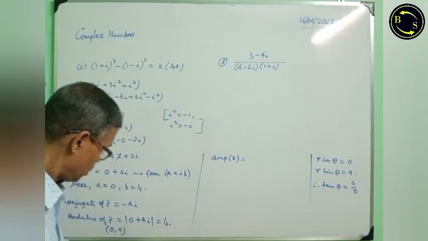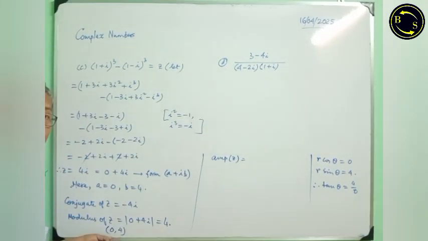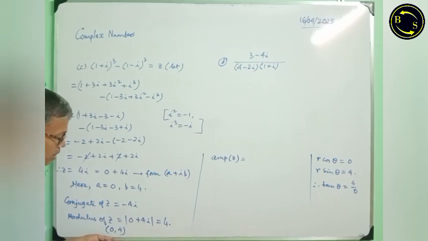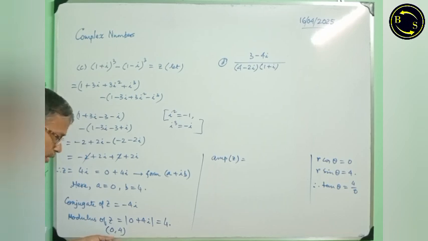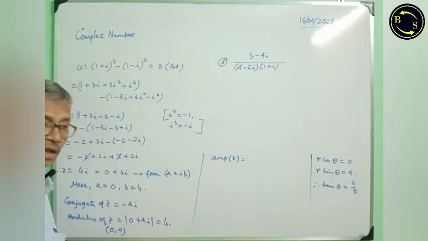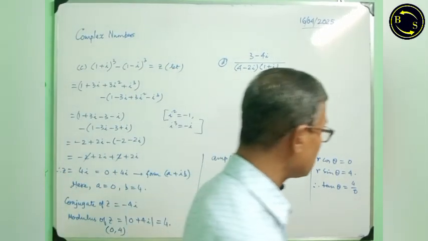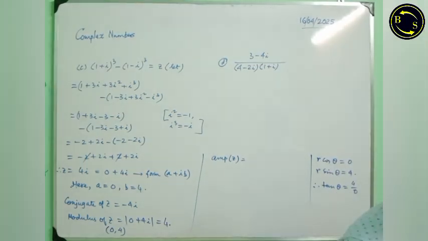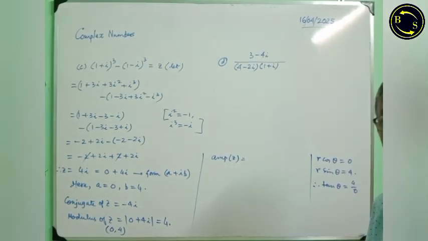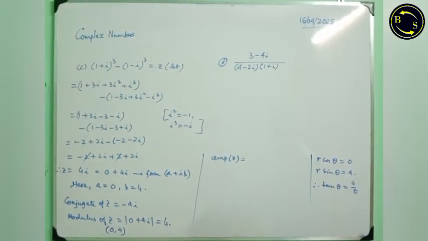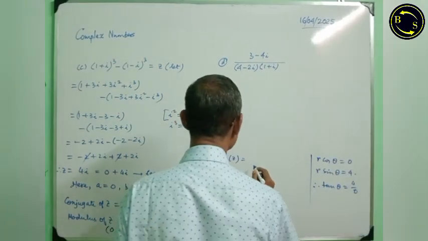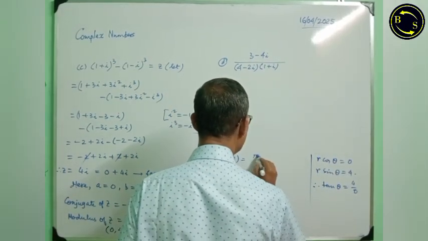For that, we note the coordinates 0, 4. Coordinate of the complex number on the argand plane or complex plane. 0, 4 lies on the y-axis, above the x-axis, and that angle will be pi by 2. Therefore, amplitude of z will be pi by 2.